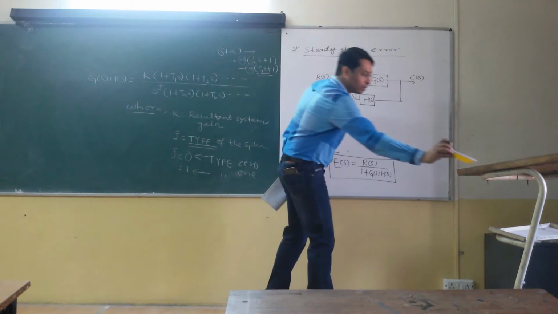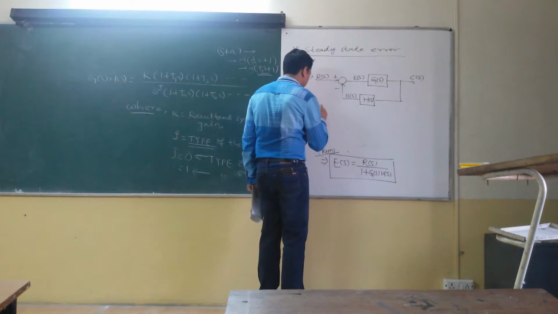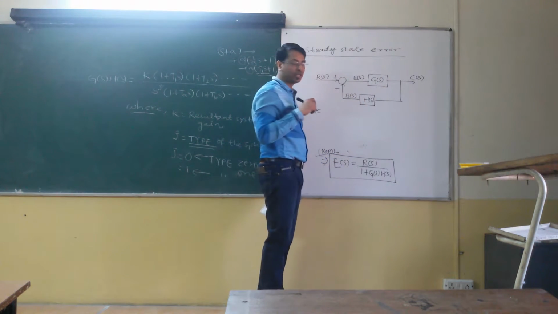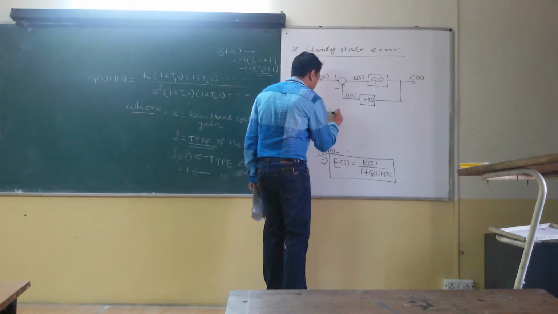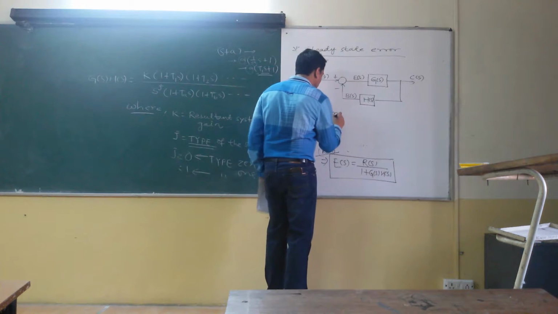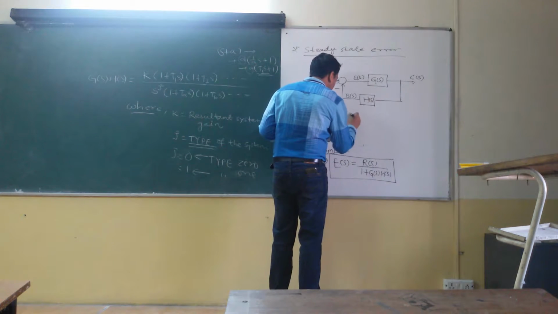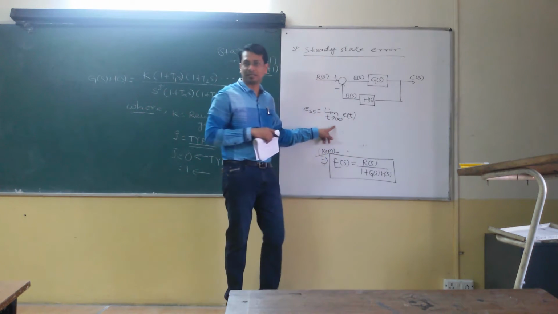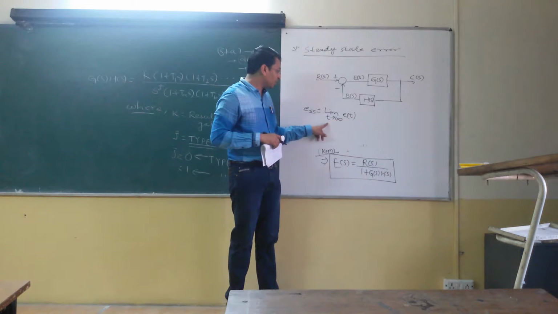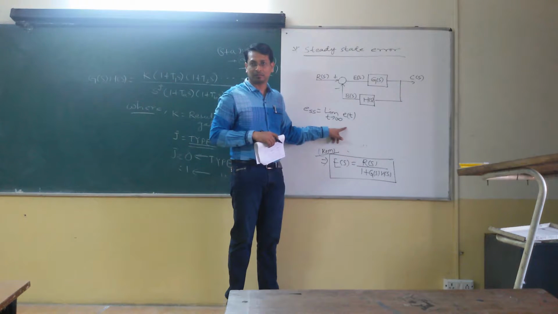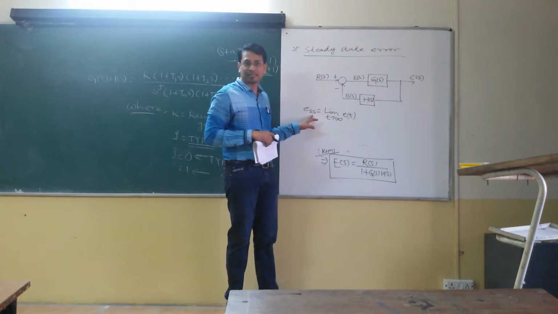So ESS is the steady state error: limit t tends to infinity of e(t). You can say the value of e(t) when t tends to infinity is nothing but ESS.